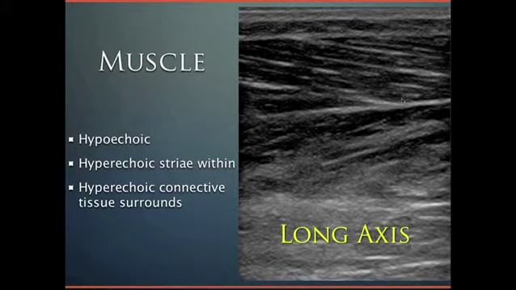So this is one muscle bundle over here with its hyperechoic connective tissue seen superiorly, and then we can see differentiating this muscle from this muscle down here is another hyperechoic connective tissue.